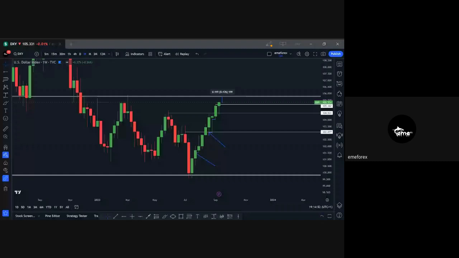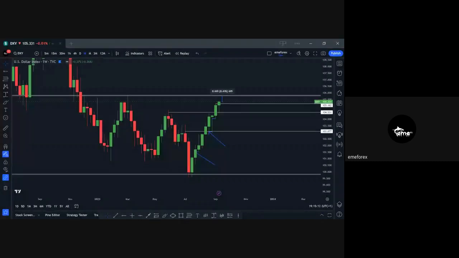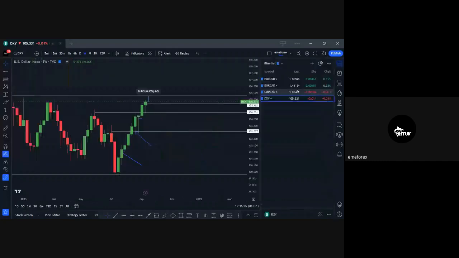Regardless, I want to highlight these multiple scenarios before we get onto the analysis. On my watch list, I have one, two, three. These are the three major pairs I want to focus on for the time being. These are the pairs that are close to the point where I want to jump on the trade.